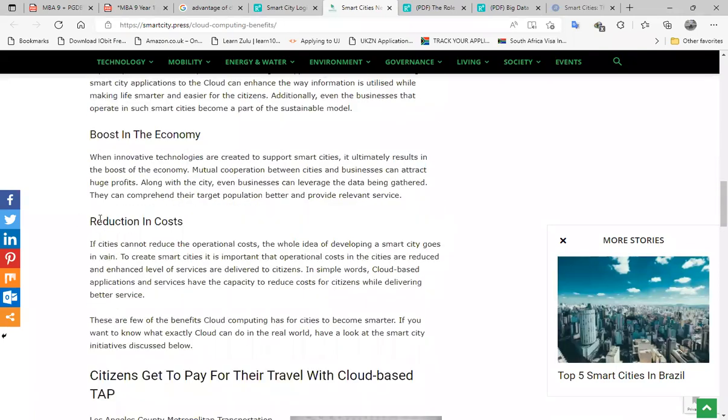So we talked about cost saving, right? Reduction in cost boosts the economy, because these technologies are efficient, so in return they boost the economy by bringing out maybe huge profit, right?